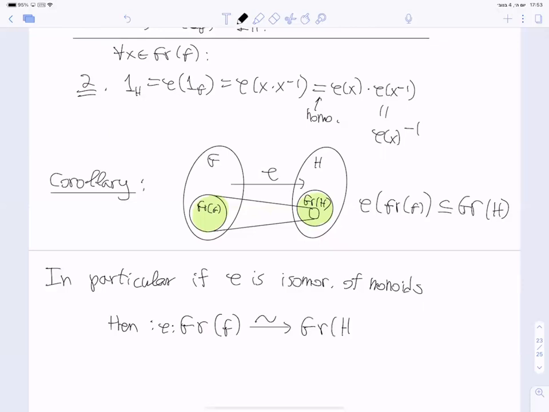We are going to use it. So if the original phi is an isomorphism, you know that any two distinct sources go to distinct images, and it covers all of H, then the group of invertible elements of G must be isomorphic to the group of H.